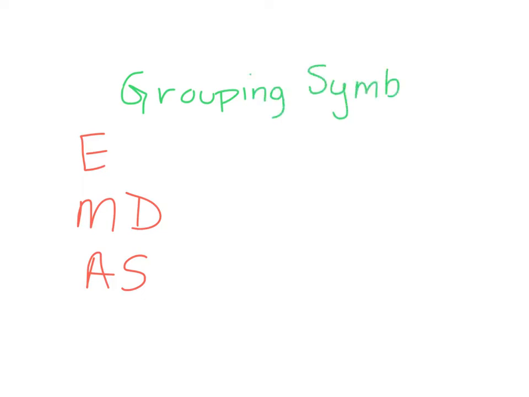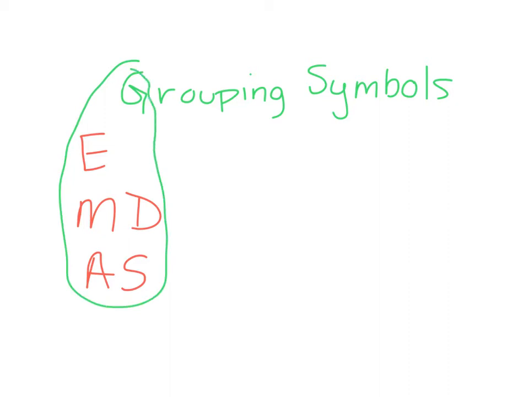Grouping symbols can be parentheses, but they can be other things as well. So instead of PEMDAS, I'm going to call this GEMDAS. And you remember from the bottom up, addition, subtraction, multiplication, division. E stands for exponents, and now we'll call this G for GEMDAS instead of PEMDAS. Acts sort of the same way, but not every grouping symbol is a parenthesis.